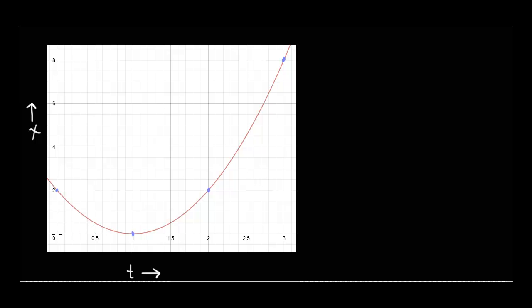I want to point out, I think you know this, but don't think that this curve means that the car is moving in 2 dimensions. It's moving back and forth along an x-axis, right? So, for instance, its displacement in the first second would be represented here. It would be from here to there. That would be the delta x in the first second. In the second second, it would be from 0 back up to 2.